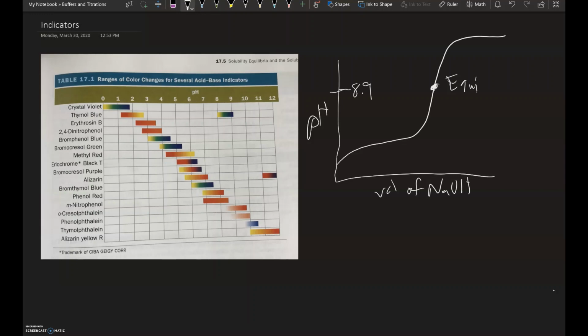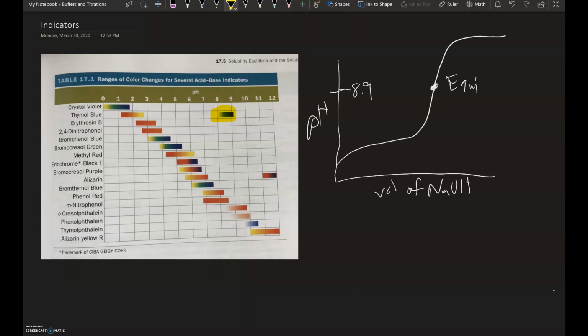And we come over here and we look at our indicator chart. We say, okay, which indicator would be best used to figure out the equivalence point for acetic acid? So I need an indicator that's going to change colors around 8.9. So I can see this right here, not necessarily the best because it's more around 8.3 where it changes to green.